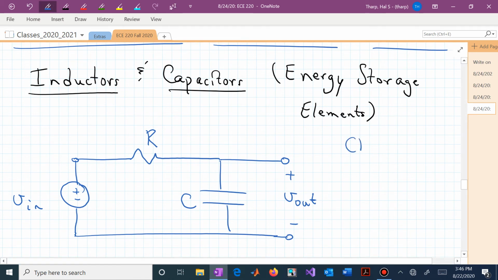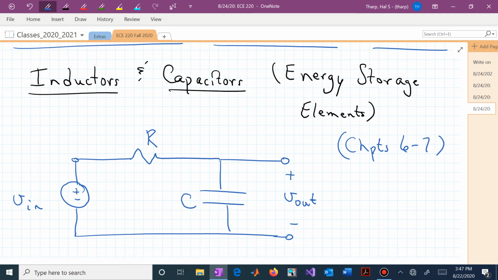This is material that we will learn from chapters 6 and 7. This schematic is interconnected in a way that implements a low-pass filter. These inductors and capacitors are energy storage elements. They allow us to store energy and give it back, store and give it back.